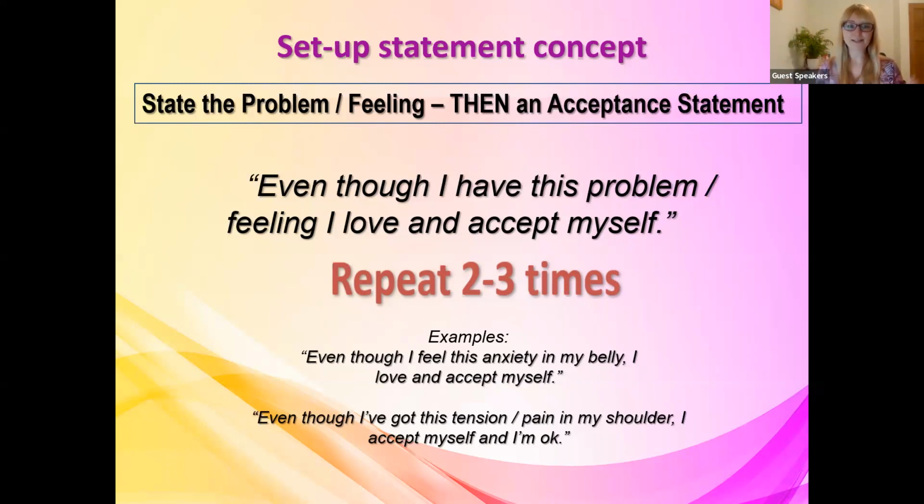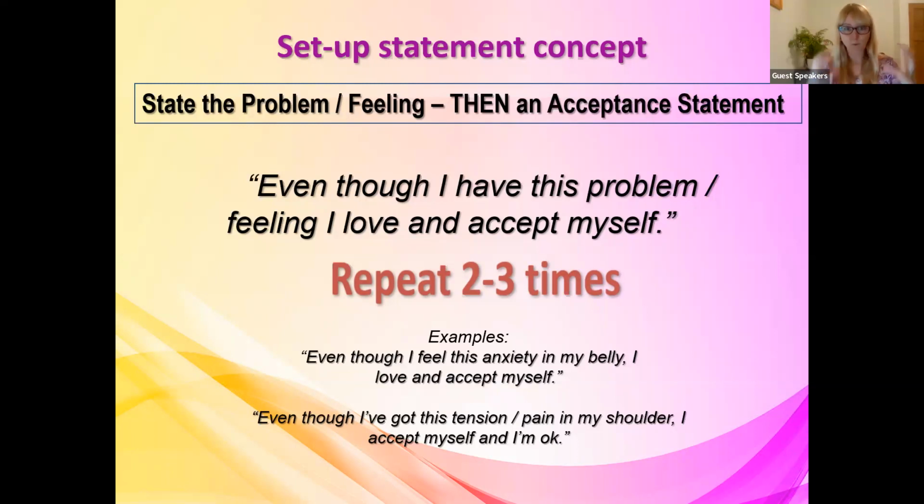So we have the setup statement, for example, even though I feel this anxiety in my tummy or in my belly, I love and accept myself. Or it might be, even though I've got this tension or this pain in my shoulder, I accept myself and I'm okay. Or I accept this pain, or I accept the situation.